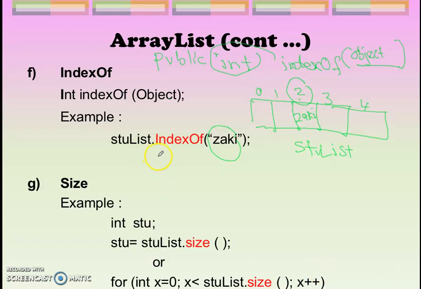Okay. So, the next one is size. As I mentioned, the function of size ini dia akan return the size of array list with element. The number of element in the array list. Okay. Let's say size array list ni 0, 1, 2, 3, 4, 5, 6, okay, 7.